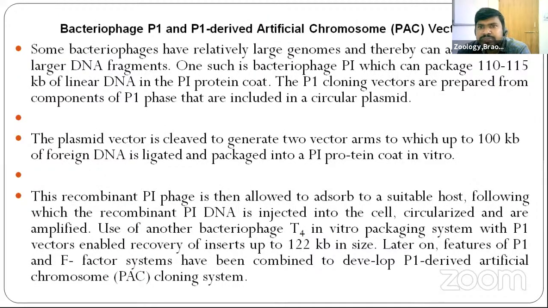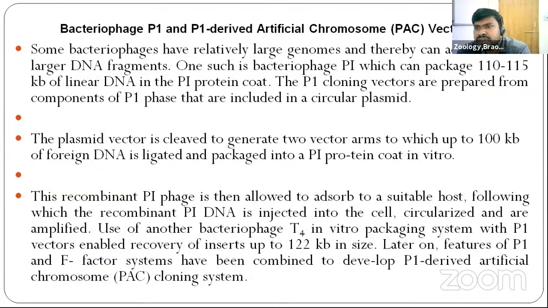Next, bacteriophage P1 and P1-derived artificial chromosome vectors. Some bacteriophages have relatively large genomes and thereby can accommodate larger DNA fragments. One such is bacteriophage P1, which can package 110 to 115 kilobase pairs of DNA in the P1 protein coat.